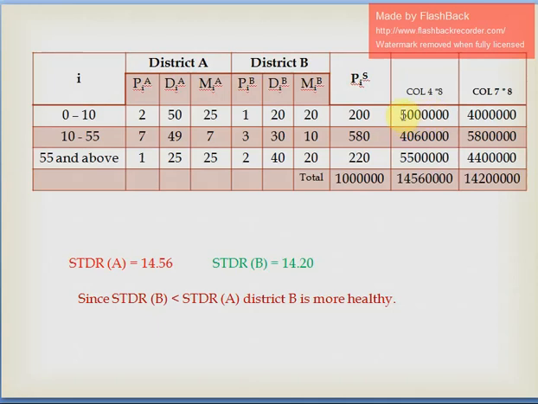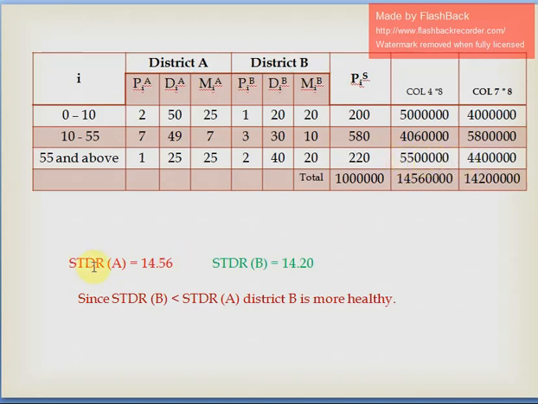So this value comes to be 5 and then 6 zeros. Next, MIA is 7 multiplied by 580,000, which is 4,060,000. The next value is MIA 25 multiplied by 220,000, so PIS is 220,000, and that comes to be 5,500,000.